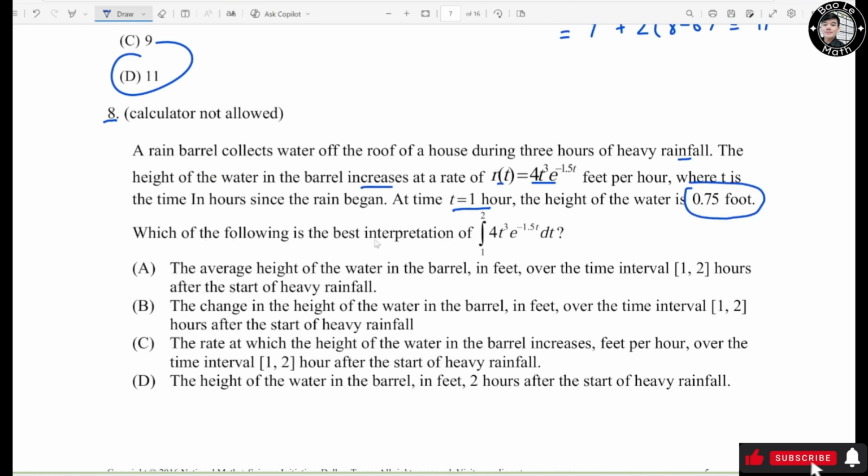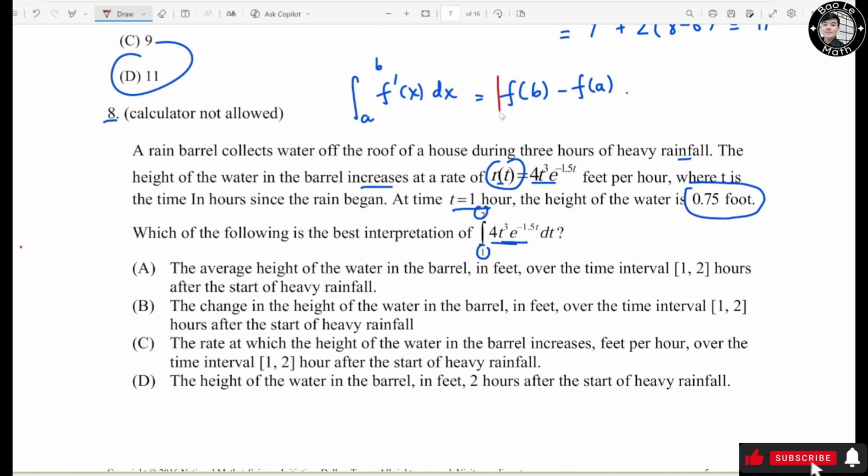Which of the following is the best interpretation of the integral from 1 to 2 of this guy? So this is actually the fundamental theorem of calculus. Remember, the integral from a to b of f prime of s ds is going to be f of b minus f of a, right? The left hand side is the integral from a to b of the rate.